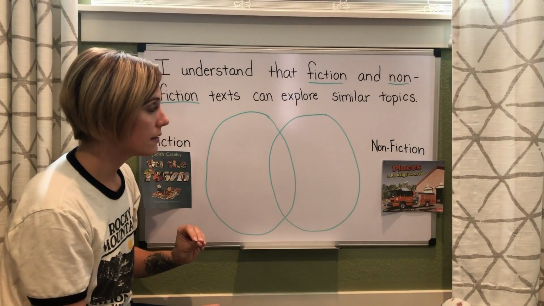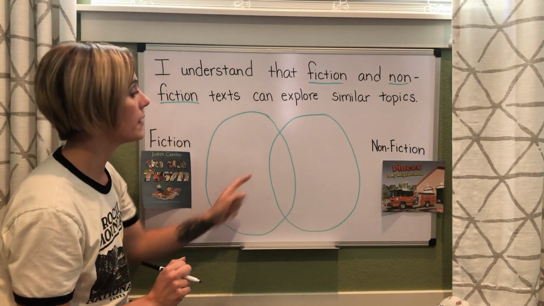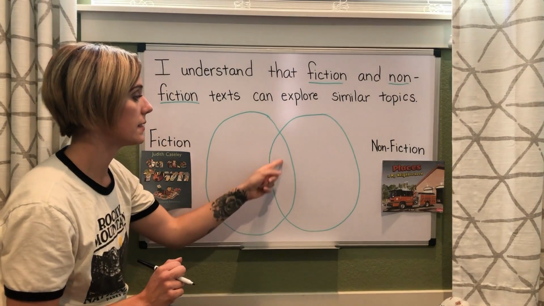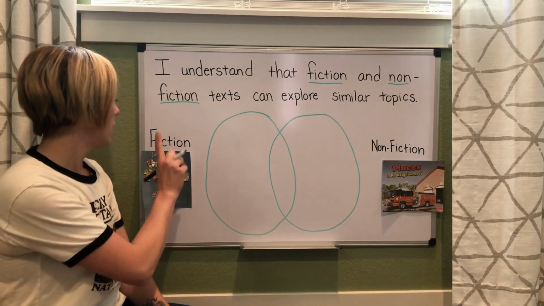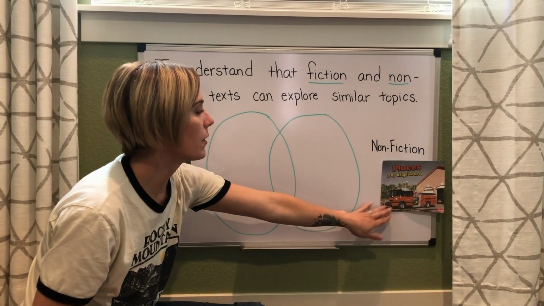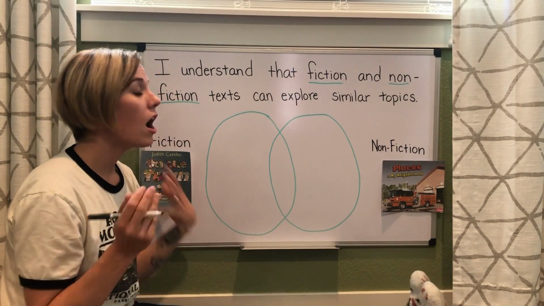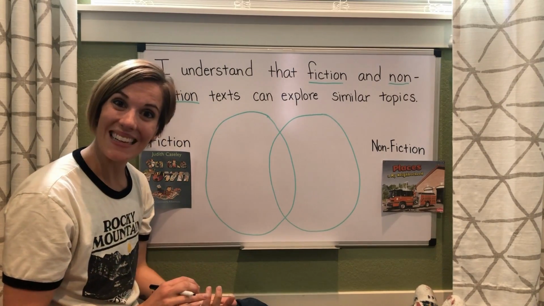Where we write what is the same between our two things on a Venn diagram is right here in the middle. This is the space where we write what is the same. So On the Town, our fiction text, and Places in My Neighborhood, our nonfiction text, are both about our communities.